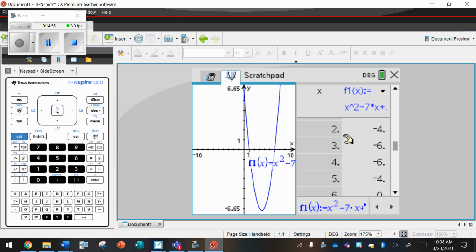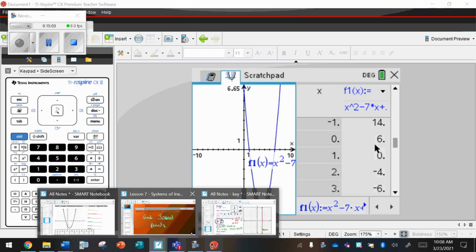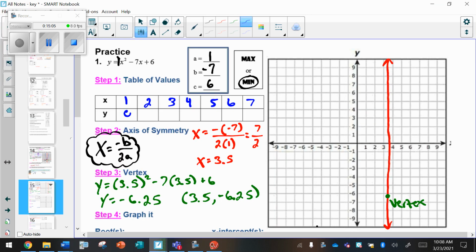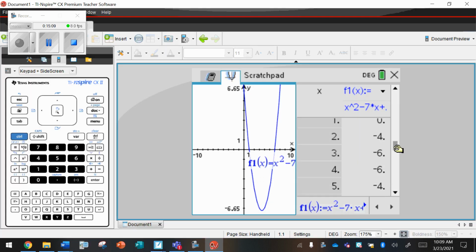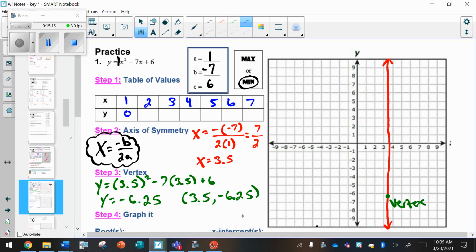At 0, it's 6. At 1, it's 0. 2 is -4. 3 is -6. 4 was -6.